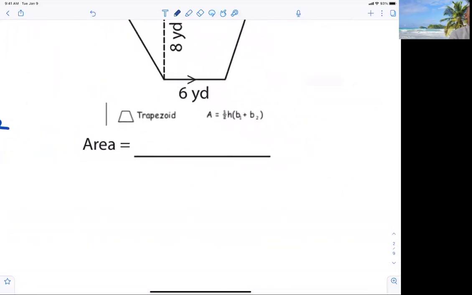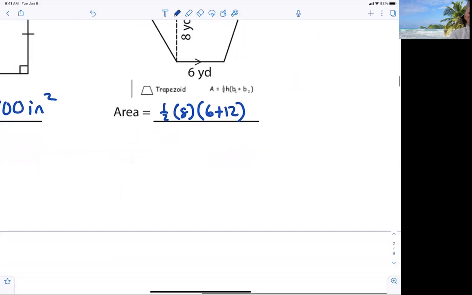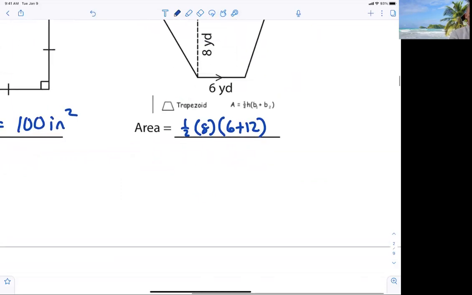Okay, so A equals, uh-oh, they already have that. 1/2, what's the height? Well, I want you to tell me what the height is. 8. And then what are the two bases? Now we're just doing this on the calculator. So what's half of 8? Times, what's 6 plus 12?